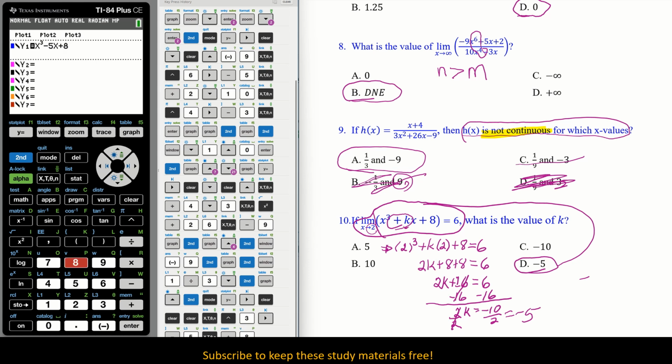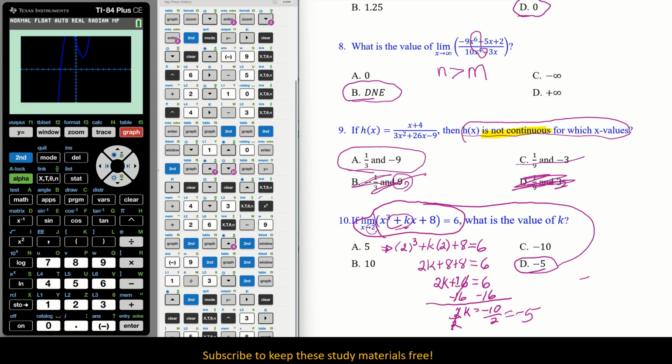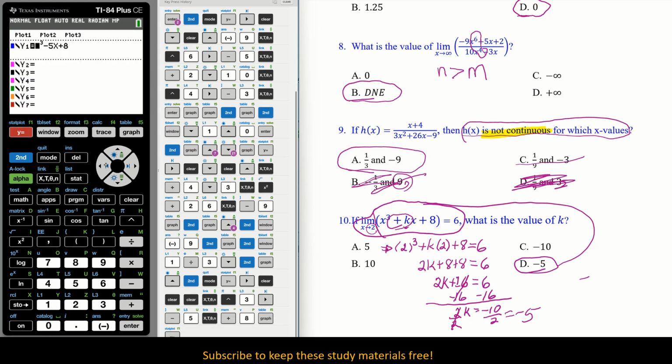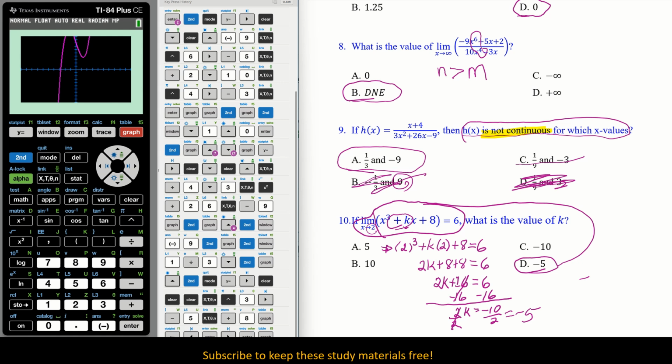Now don't do the equals thing. If you push enter, it's all going to go away. So now we just simply graph, see what we have. Oh, and our color changed. Let's go over and change that color. Let's push enter and let's make this magenta. Enter. Okay, now let's graph it. Okay, we can see it.